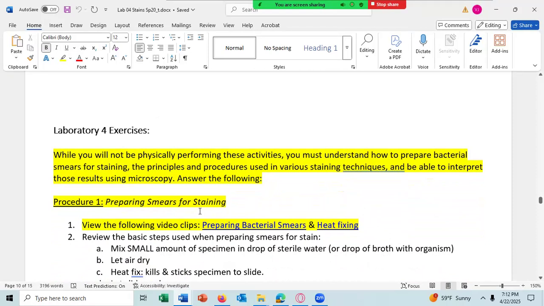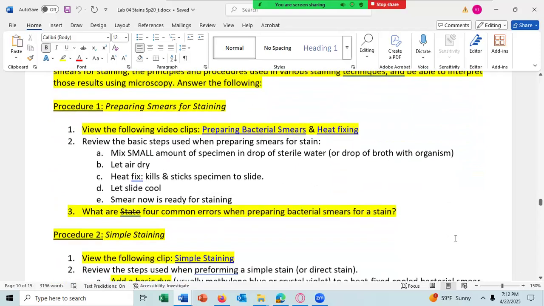So on the first thing, we're going to prepare a bacterial smear for staining. So the bacterial smear is done and is independent of the staining. We'll also look at how to heat fix the cells. So there's the steps right there.